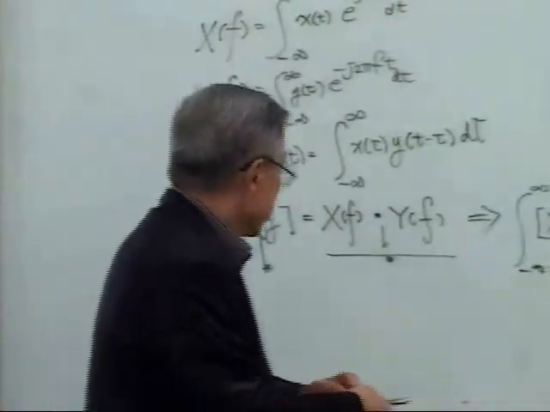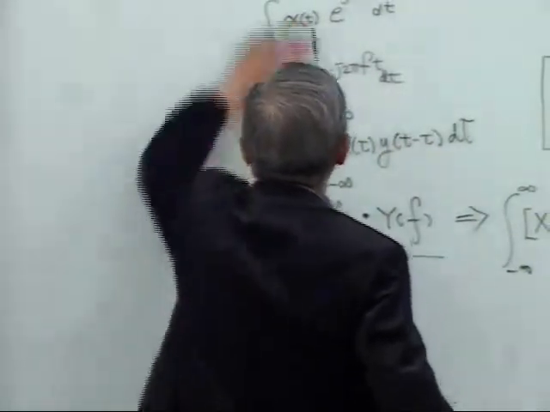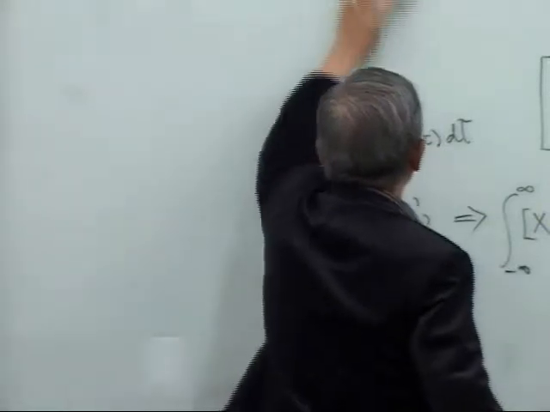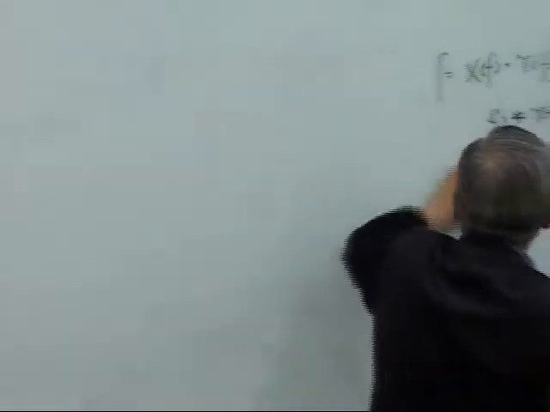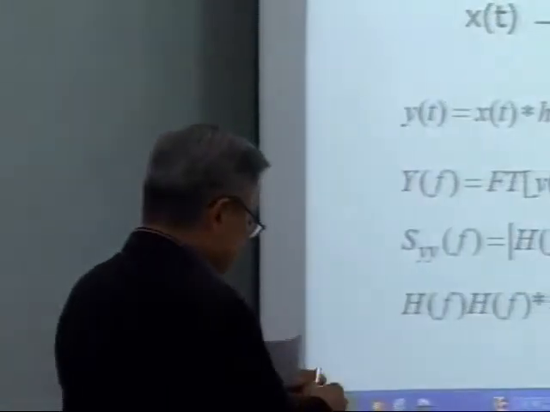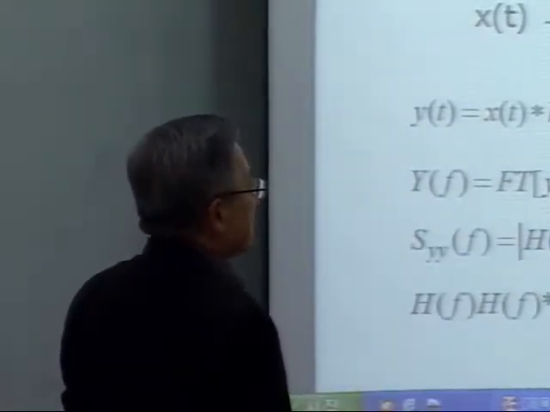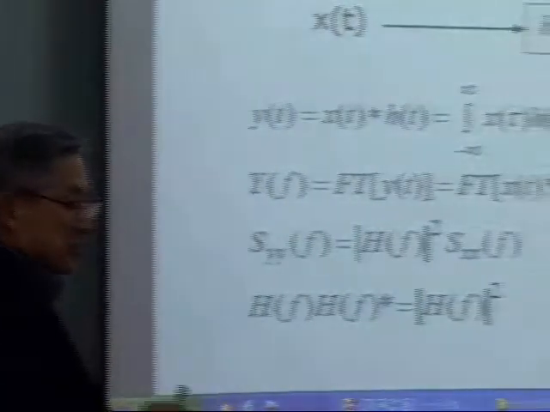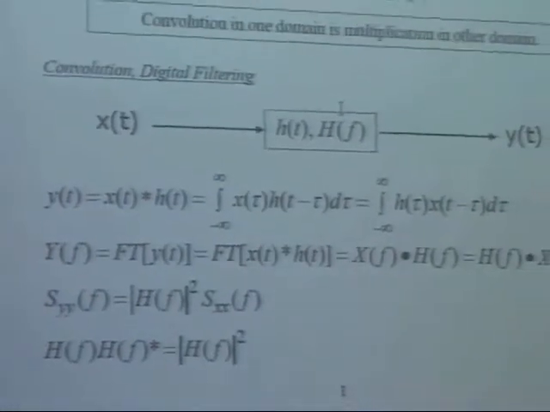So this is a system, like a plate, any complex structure system. You put two transducers, or one shaker and one transducer.